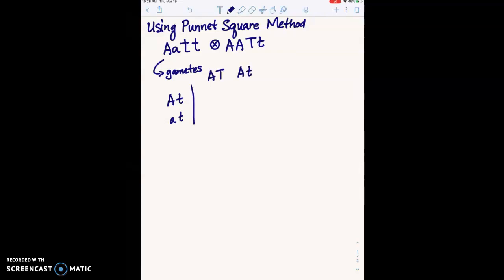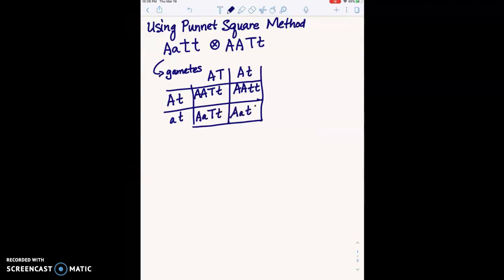Okay, so here's your Punnett square. So this one is big A, big A, big T, little t, and here's big A, big A, little t, little t. This one is big A, little a, big T, little t, big A, little a, little t, little t.